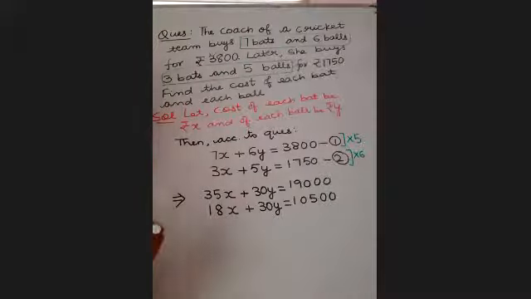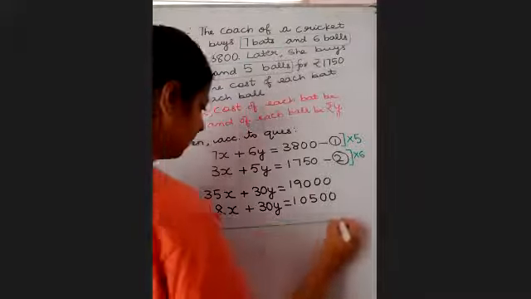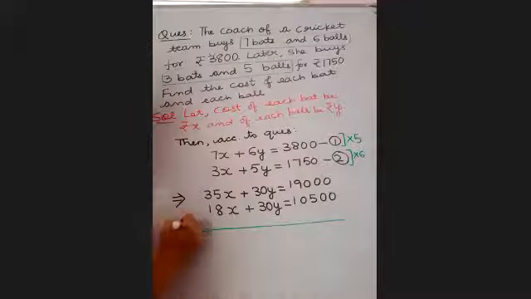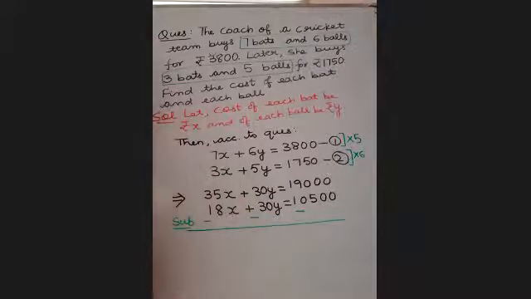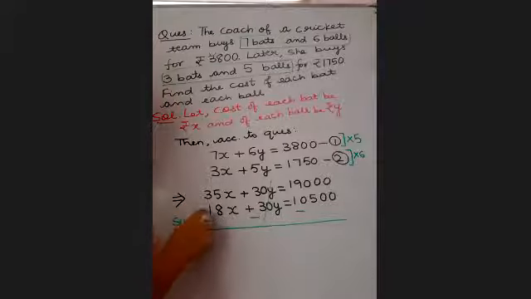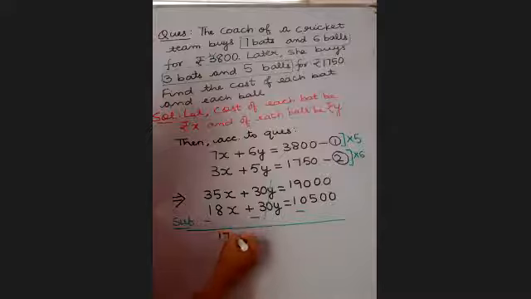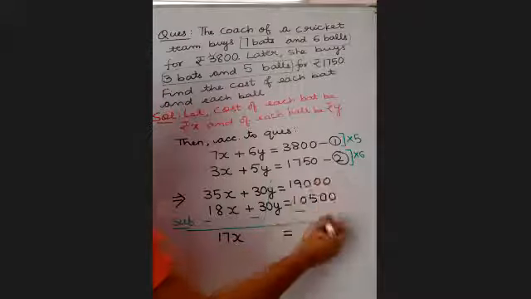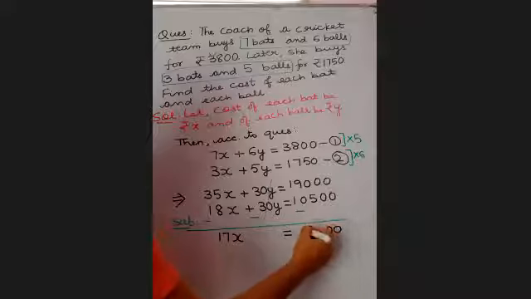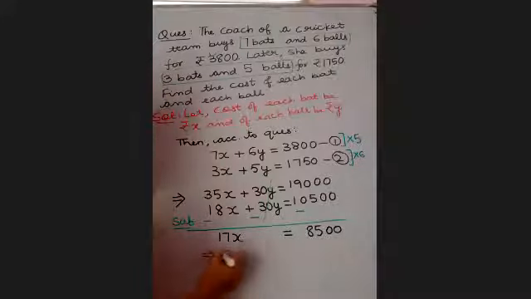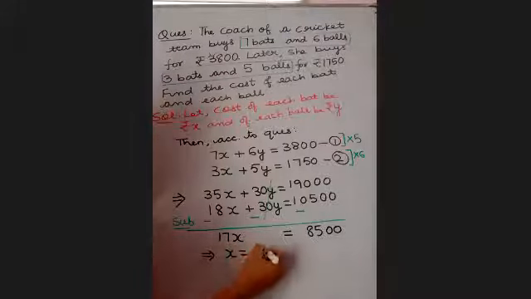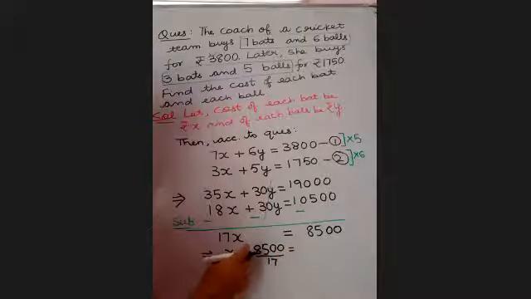Add or subtract? Subtract. They are of the same sign, so we shall subtract. Subtract means there will be a change in sign, so the 30y will cancel. And 35 minus 18 gives 17, so 17x is 8,500. What is x? 500.